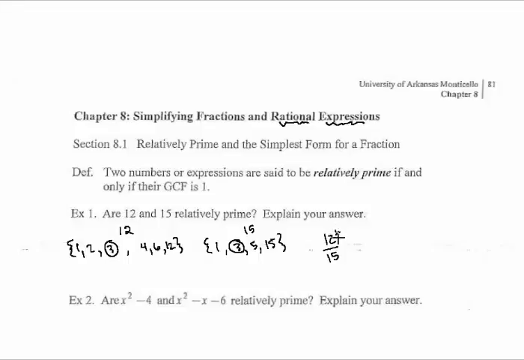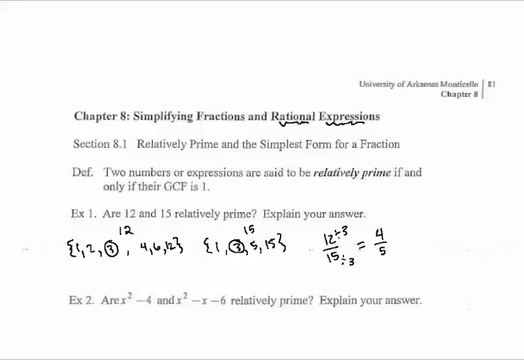So what we can do at this point with 12 over 15 is divide the 3 out of the top and the bottom, and we get 4 over 5. This is the way we usually simplify fractions, and with numbers that's completely legitimate.